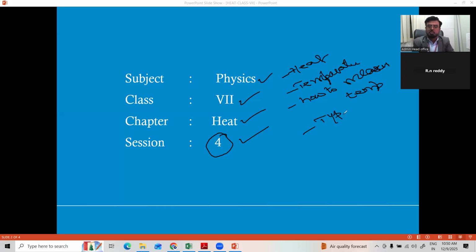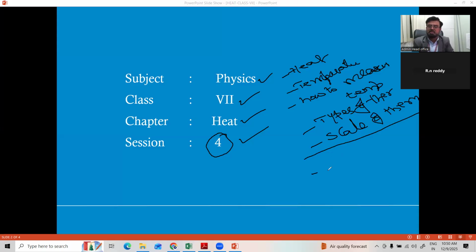Then we saw types of thermometers and different scales of thermometer, like Fahrenheit scale, Celsius scale, Kelvin scale, Römer scale. We also saw the relation between these scales, which means we can convert the value of one scale into another scale by using the relation. That also we learned in the first part.